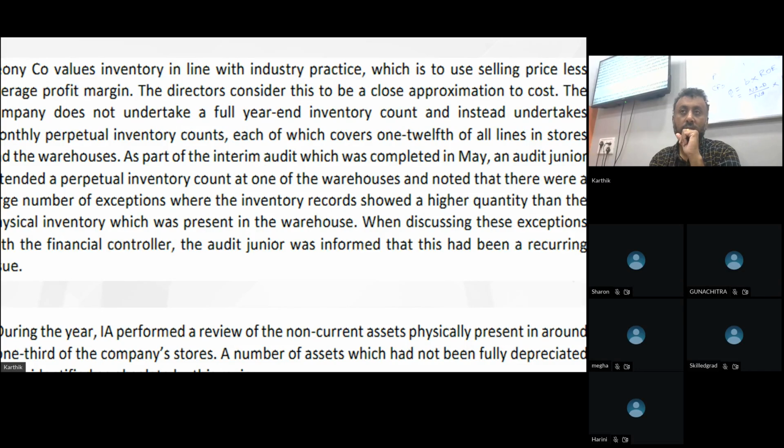Check what? Okay, what ledger? Sales. Why do you want to check the sales ledger? Okay, continue. Cost of sales is. Think.